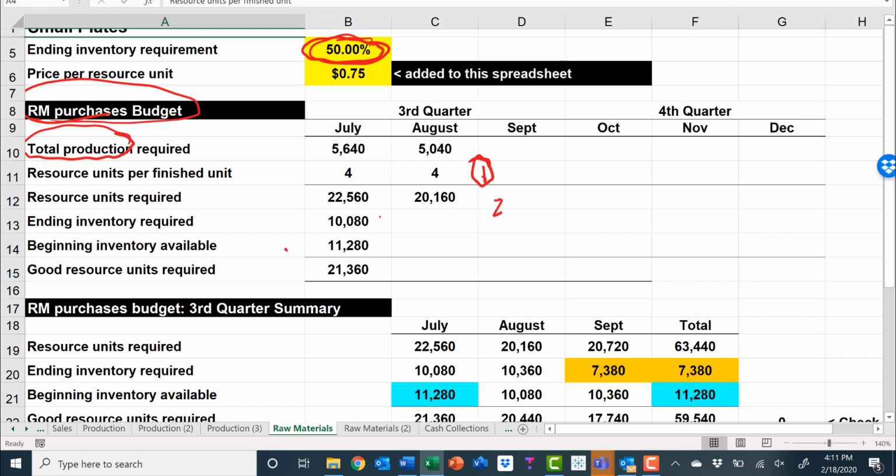Number 2, they've got to apply this ending inventory requirement to the amount of material or whatever resource they're buying instead of the amount of production. Correct. And then what else might get them? If they are not given the beginning inventory at the beginning of whatever quarter they're using, that tends to freak students out a little bit.